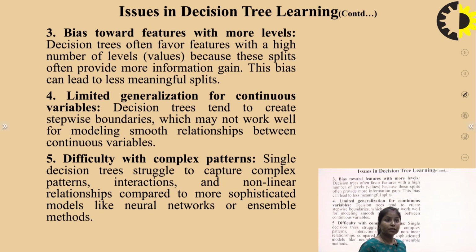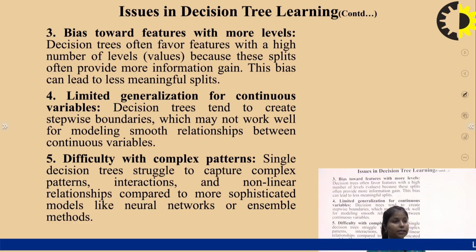Bias toward features with more labels. Decision trees favor features with a high number of labels, because these splits often provide more information gain, and this bias can lead to less meaningful splits of the data. Next is limited generalization for continuous variables. Decision trees tend to create stepwise boundaries, which may not work well for modeling a smooth relationship between continuous variables.